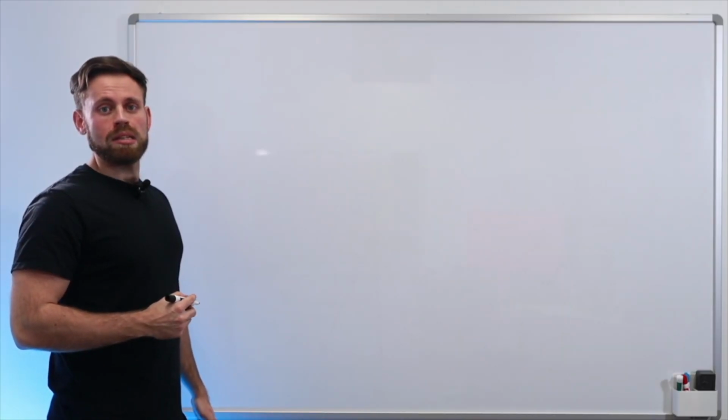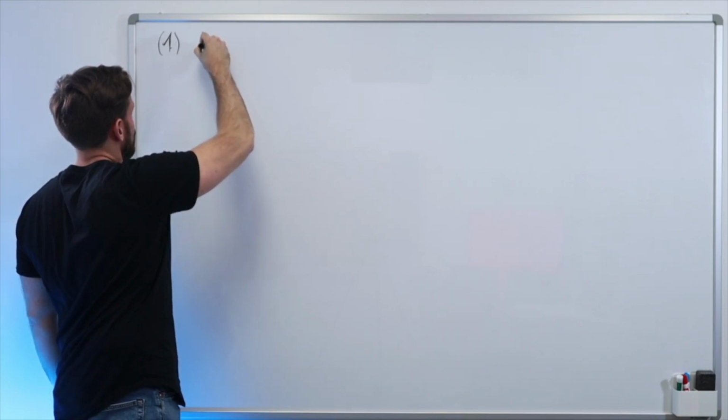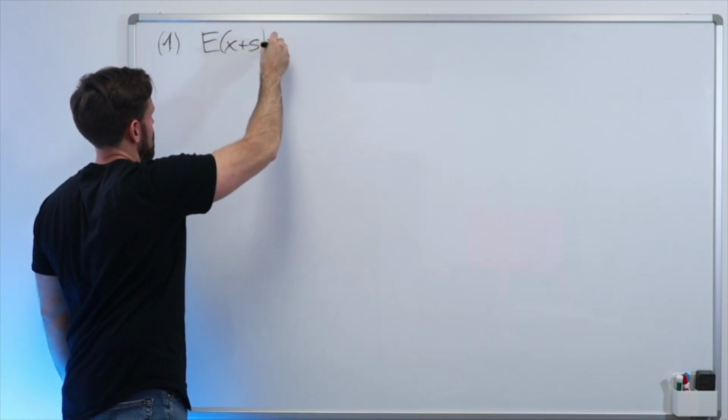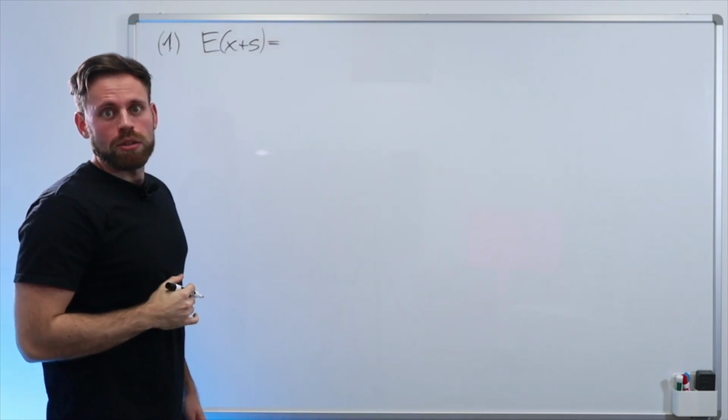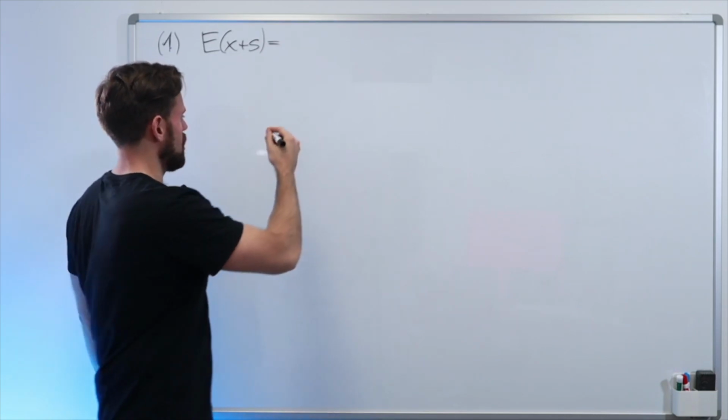All right, let's first start by writing up the first equation. What we had was E(x plus s), which we can just simply write up by substituting into the original expectation value equation.